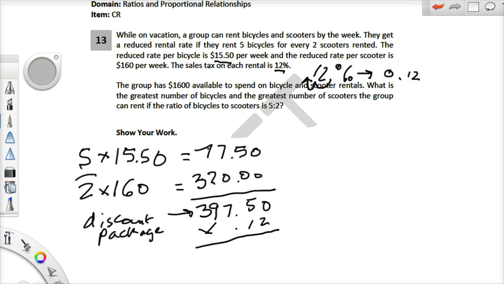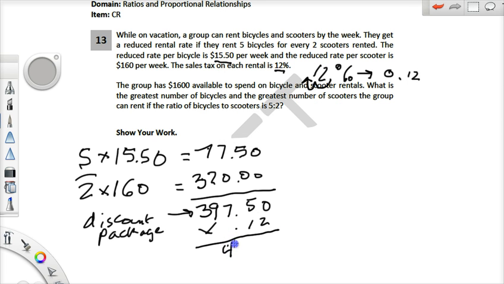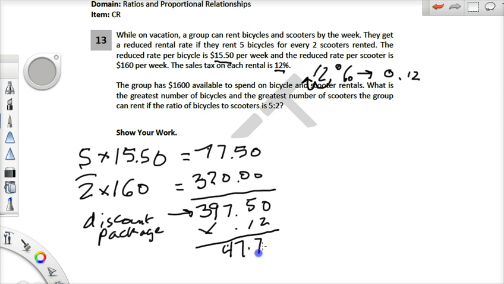All right, and let's see what that is. 397.50 times 0.12 equals 47.7. It's good to label everything, so that's our tax, right?